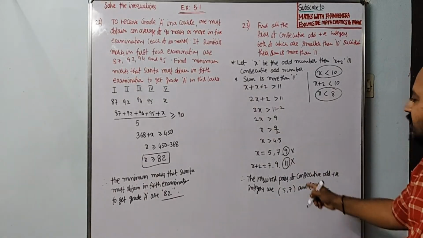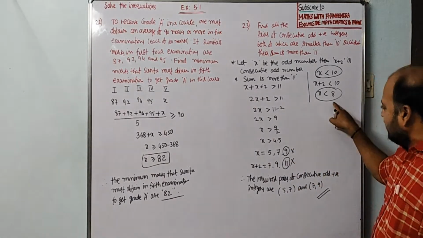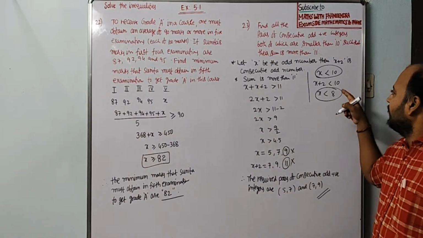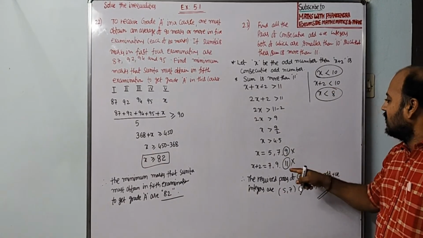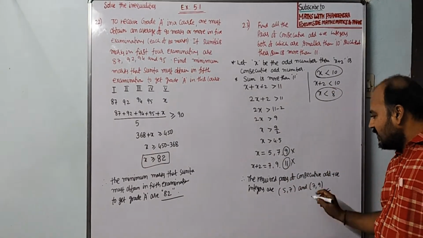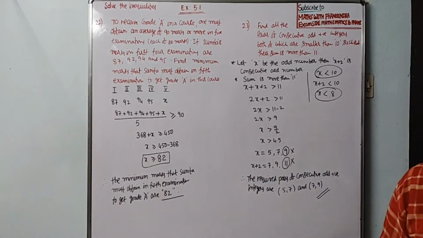These are the two pairs. 9 comma 11 won't come. Why? Because x is less than 8, so we cannot take it. Next, x plus 2 is less than 10, so we cannot take 11. That is the reason only 5 comma 7 and 7 comma 9 pairs will come, students. Okay, we'll move to the next questions.